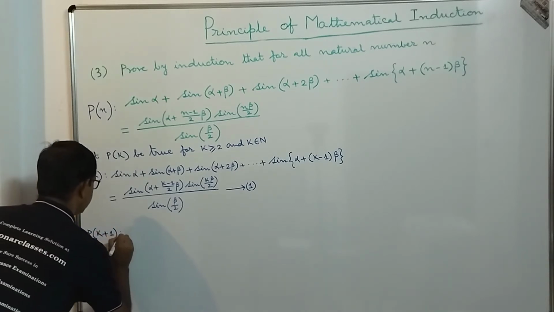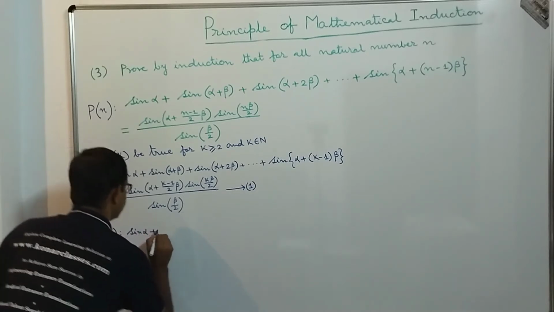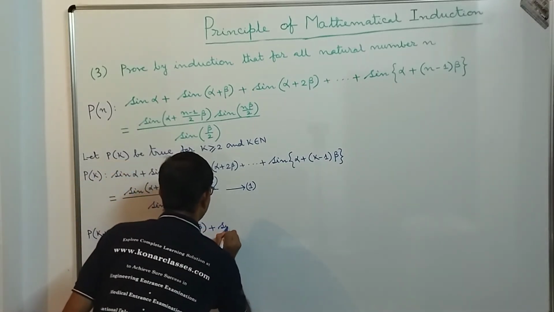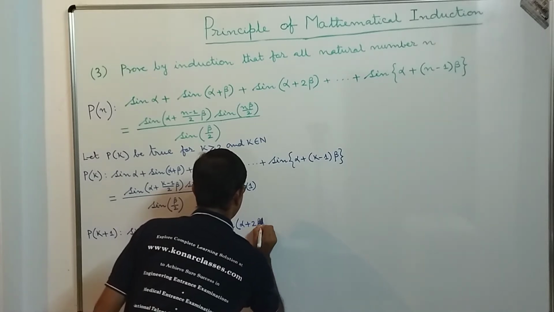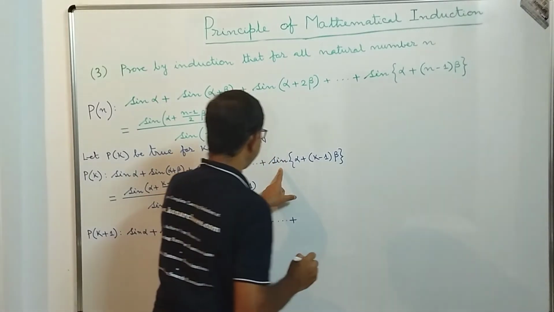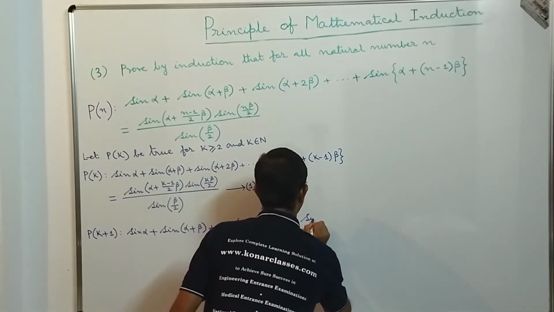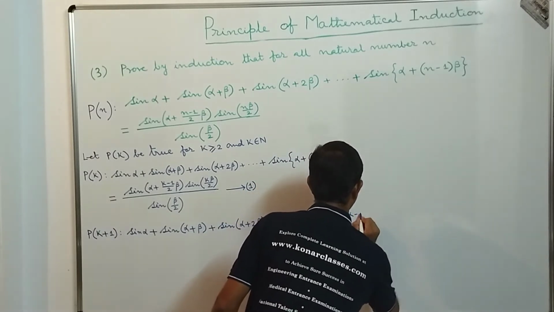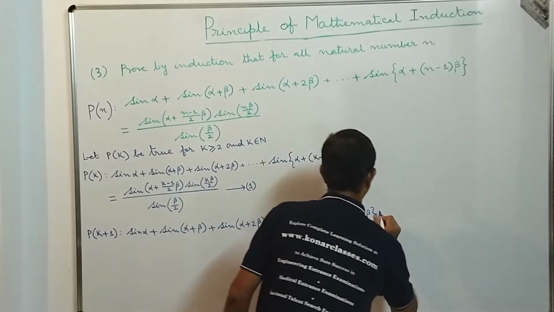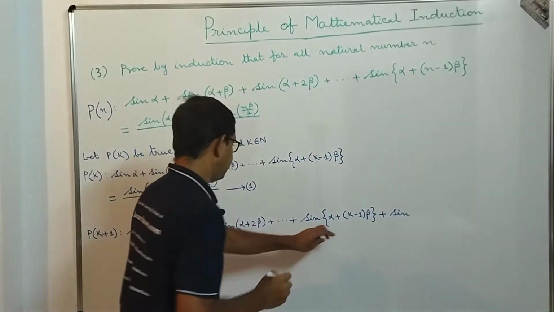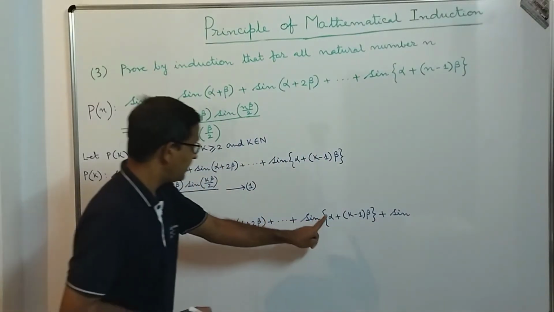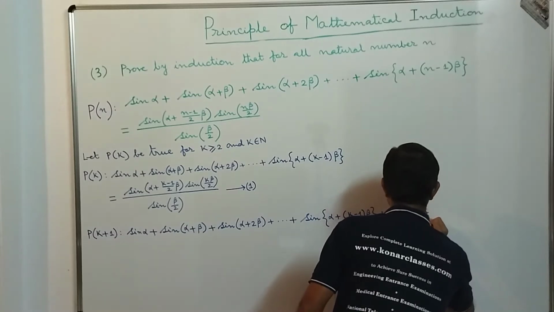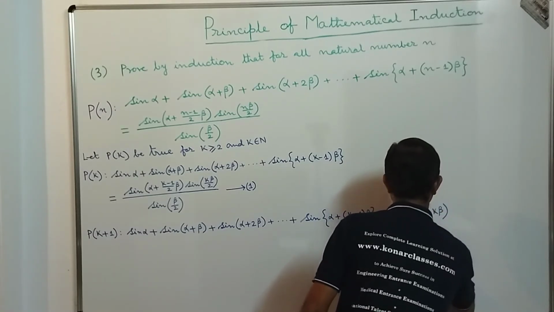Pk plus 1 stands for sine alpha plus sine alpha plus beta plus sine alpha plus 2 beta, and in that way it continues up to sine alpha plus k minus 1 into beta, plus the next term, sine alpha plus k plus 1 minus 1, that means sine alpha plus k into beta.